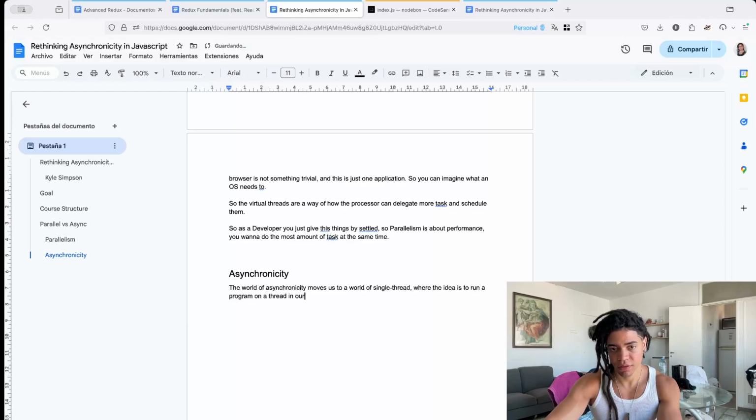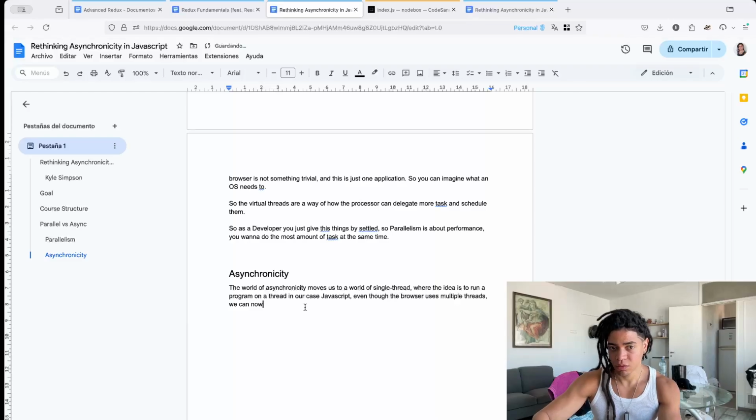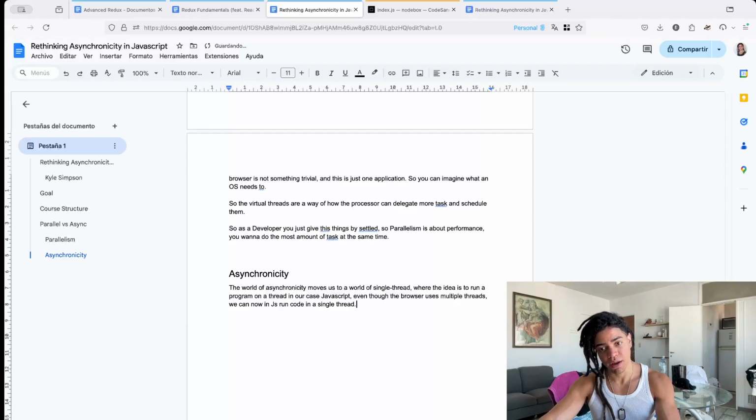In our case, JavaScript. Even though the browser can use multiple threads, we can now in JavaScript run code in a single thread, which means that we have to wait for it.